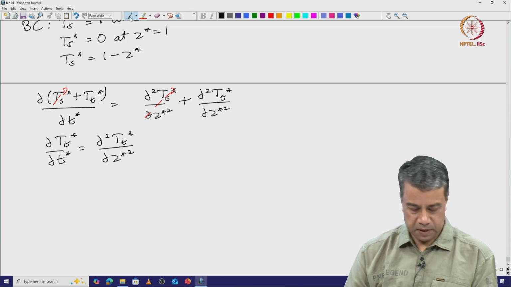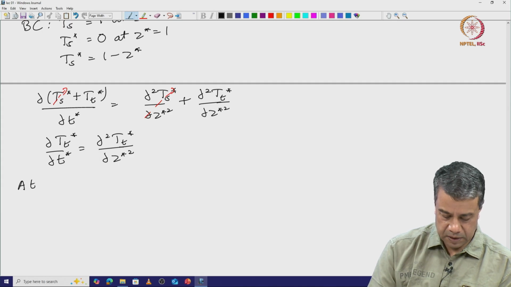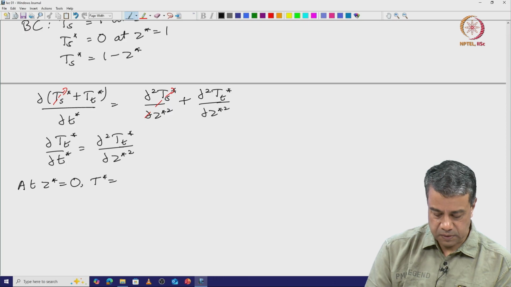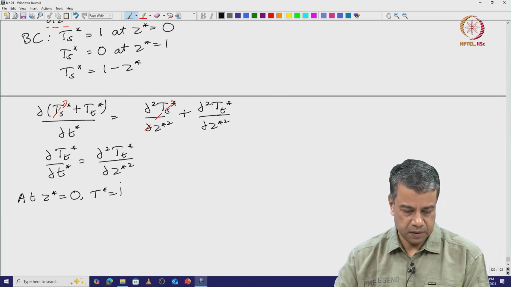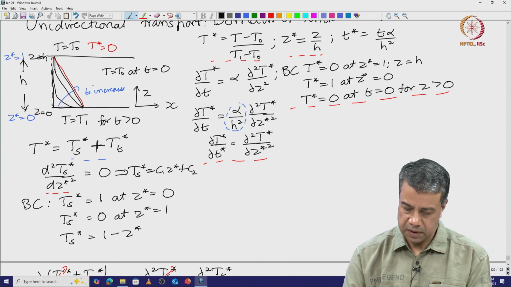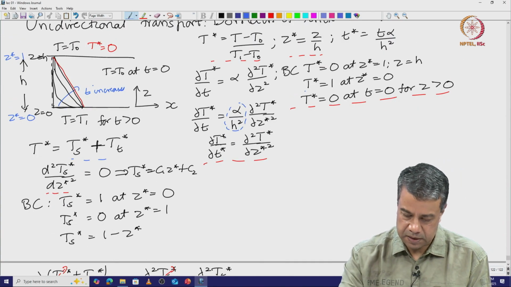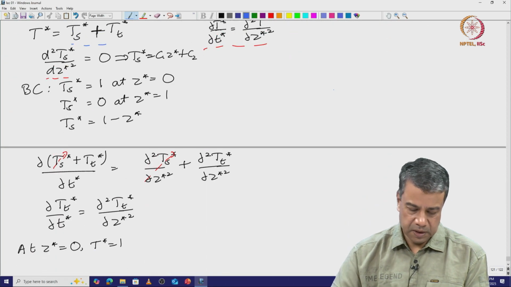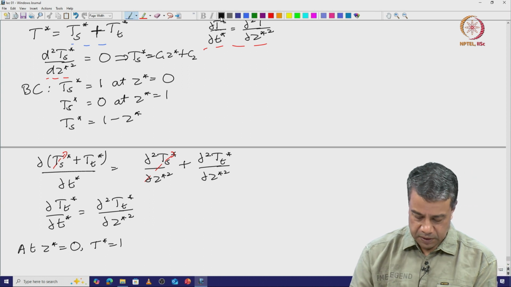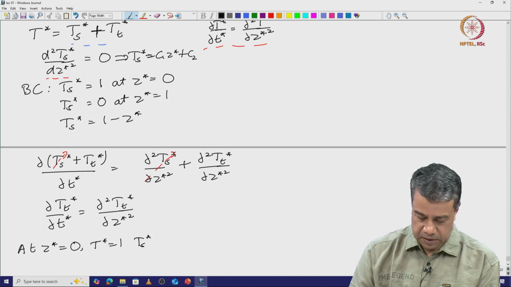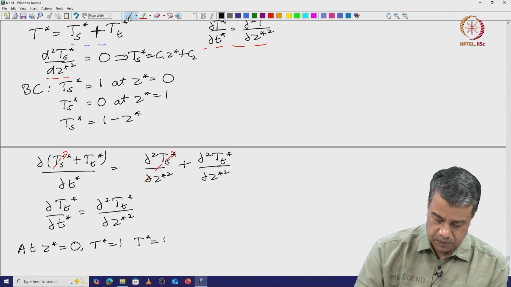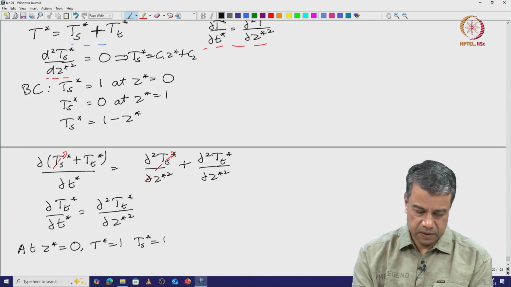Boundary conditions. At z star is equal to 0, T star is equal to 1. That is, the temperature is 1 at z star is equal to 0. Which means that the steady temperature is also equal to 1, because that is what we have used to solve this equation.